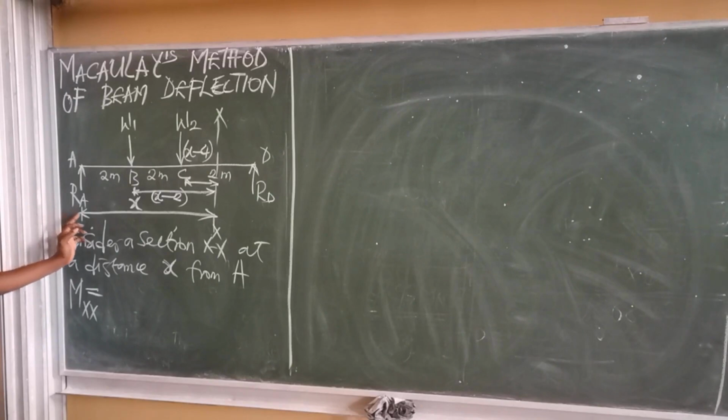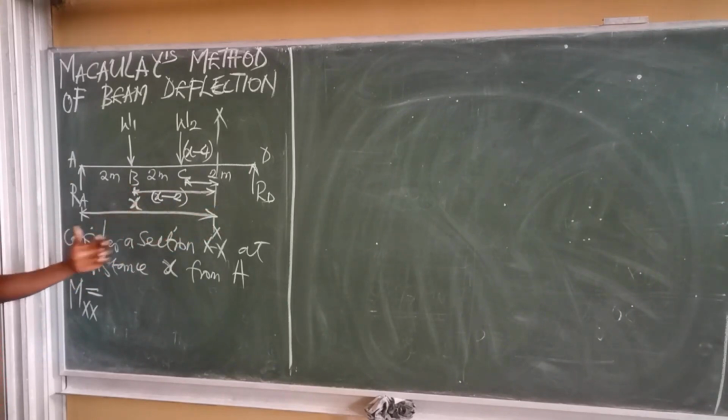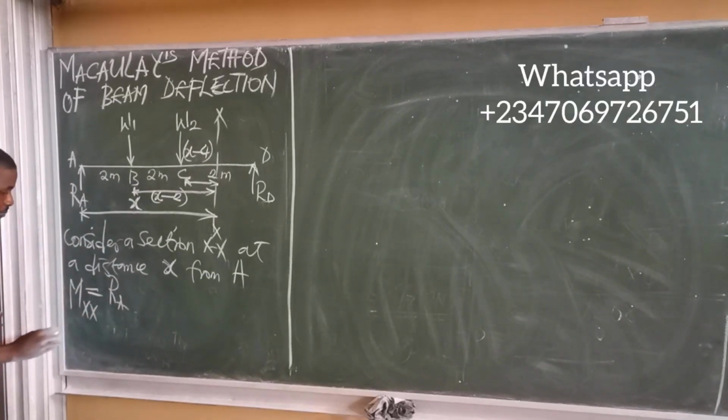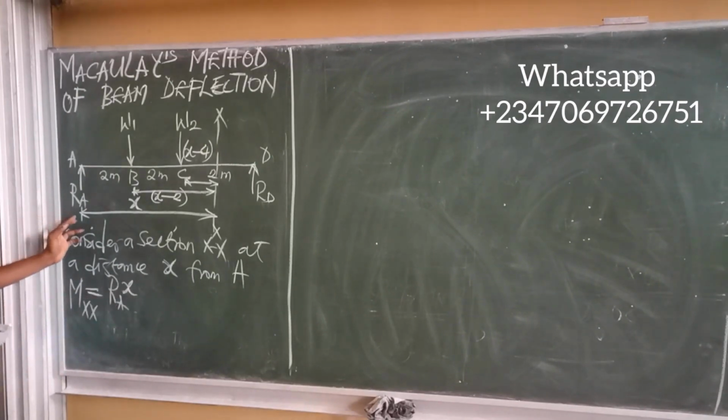Of course, this force is really at point A. The distance from point A to the point of section, we call that what? X. So the distance it takes this force RA to get to the point of section is simply what? X meters. So therefore, the moment of this force RA about that point becomes force times distance. So that means we simply have RA, which is the force at that point, multiplying by the distance x, because from point A to the point of section is simply what? X meters. So the moment of this force is simply RA times x.